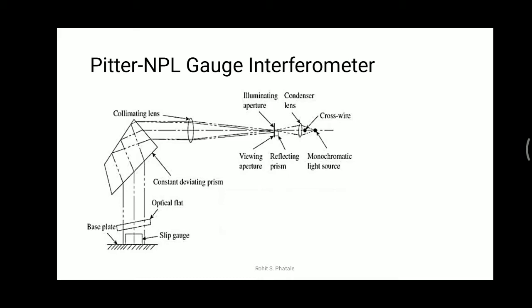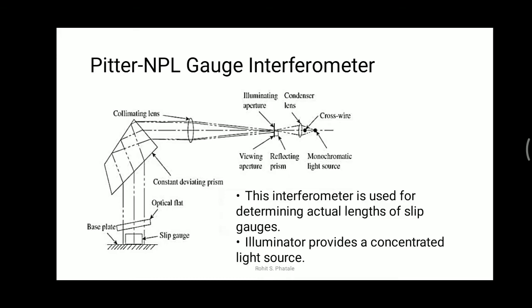So what is the function of this Peter NPL gauge interferometer? It is an interferometer used for determining the actual lengths of the slip gauges. In the previous interferometer we found the flatness of the slip gauges, and in this interferometer we are going to find out the lengths of the slip gauges.